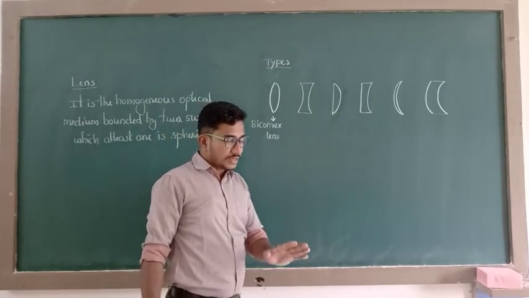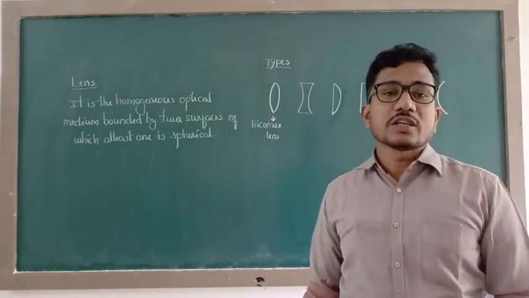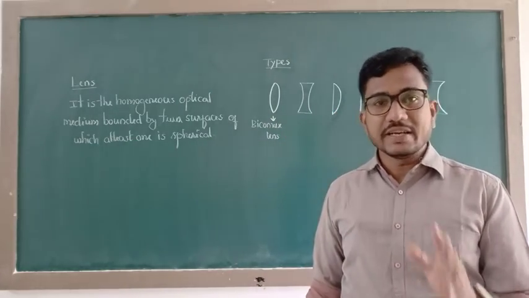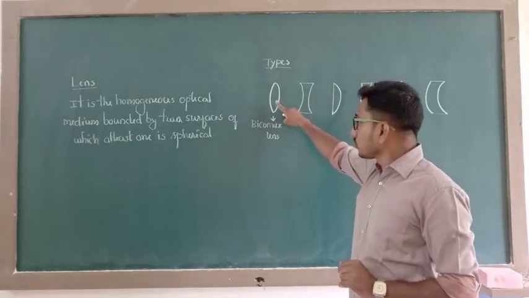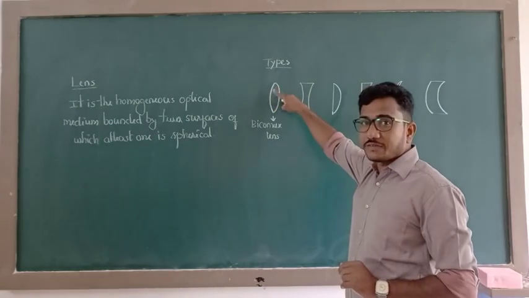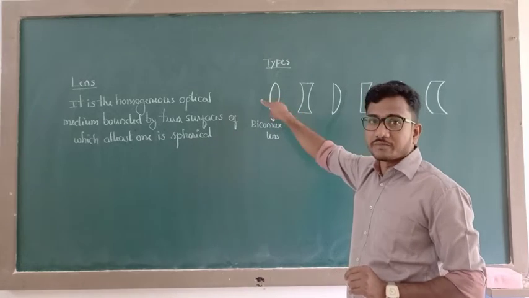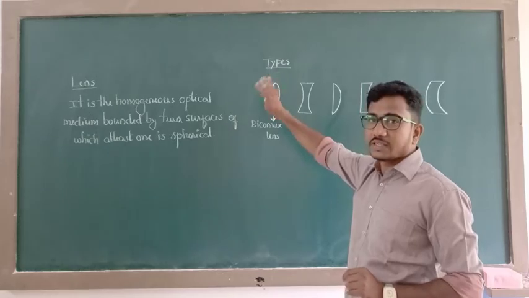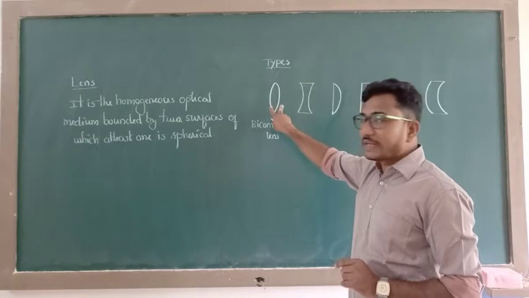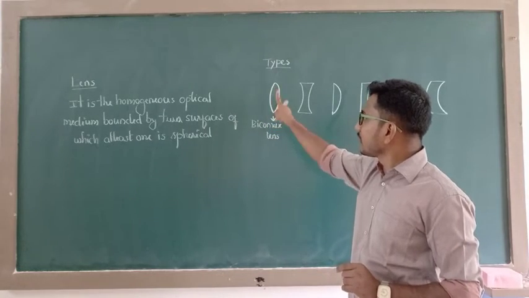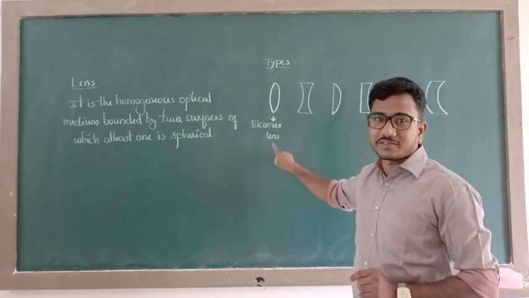So basically lens is bounded by two surfaces, that is, here two surfaces are nothing but two optical media. So here it is made up of two spherical surfaces, and here these two spherical surfaces are convex towards a rarer medium. Just imagine yourself, surrounding medium is air or vacuum, it is made up of glass. So here these two spherical surfaces convex towards a rarer medium, and hence the name of this combination is biconvex lens.